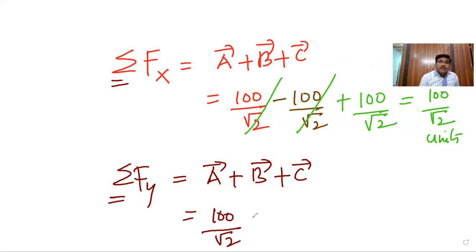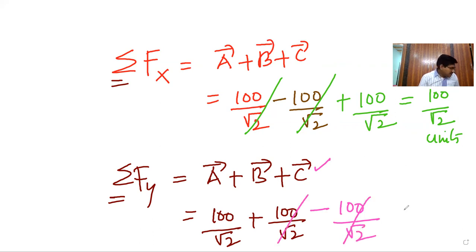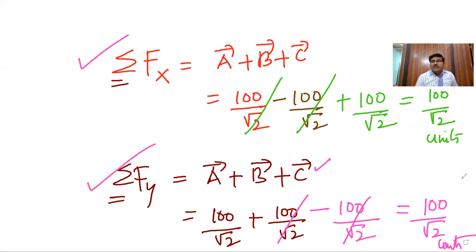B is towards positive only, 100 by root 2. But C is negative, the y component of C is towards the negative axis. So this becomes 100 by root 2 units. That is sigma Fy. This is sigma Fx. Both are 100 by root 2 units.